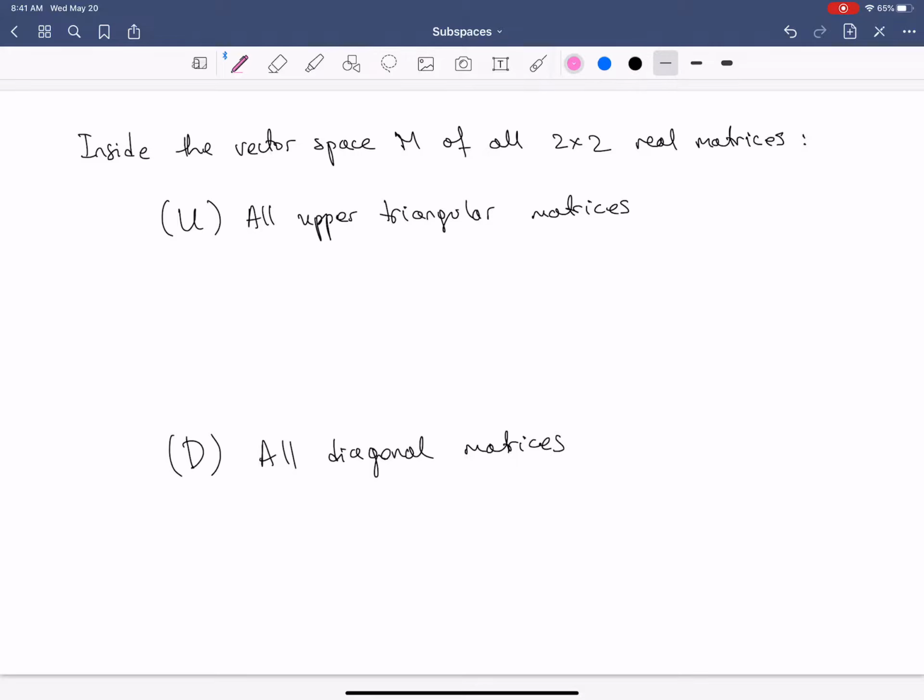So what do we have to check? For starters, let's think of U as a set that contains all upper triangular matrices. What we have to check is whether, when we take a linear combination of two upper triangular matrices, we're going to get another upper triangular matrix.